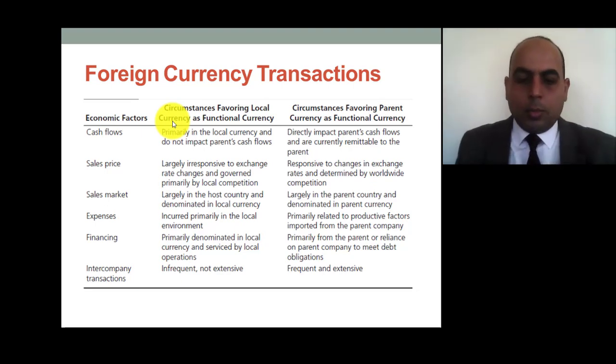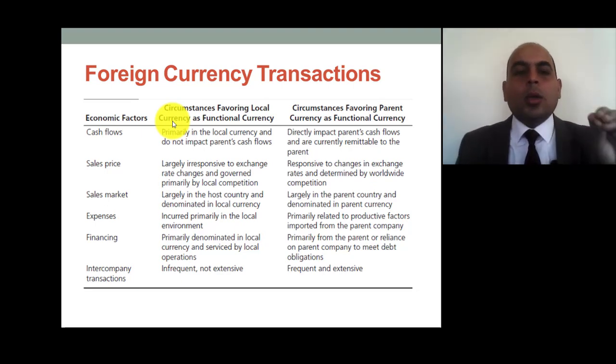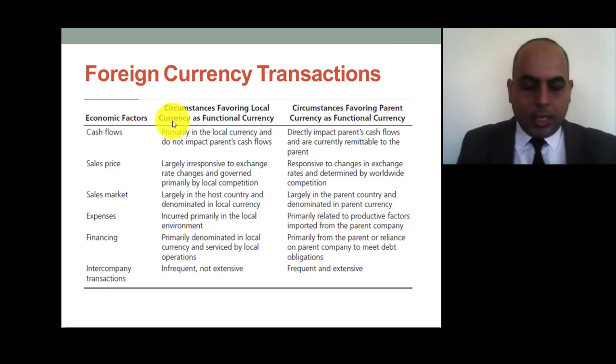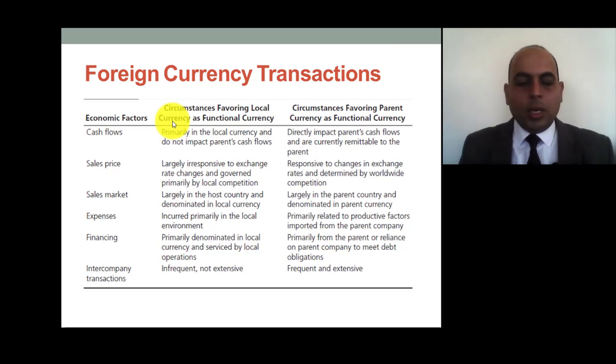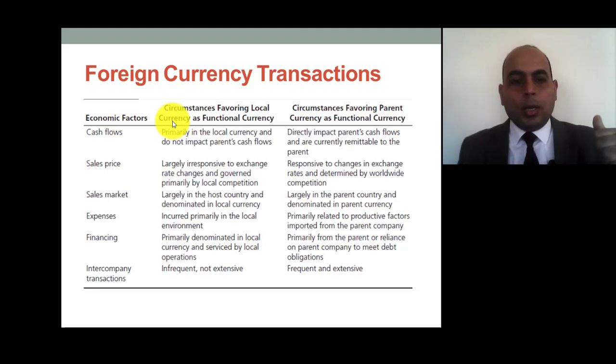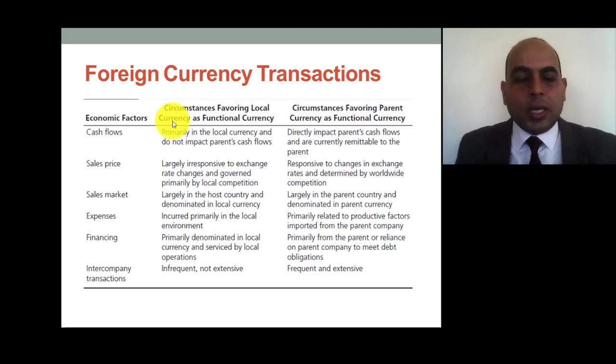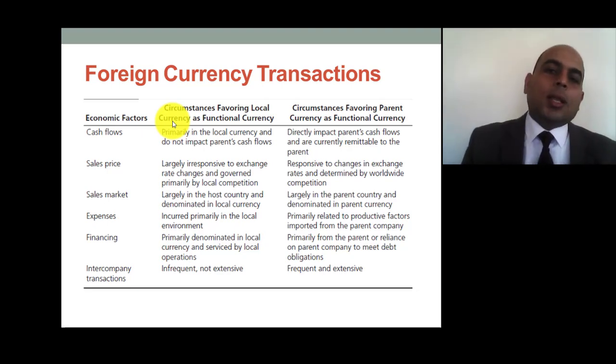So mostly, in a simple way, the local currency is the functional currency if we collect cash in the local currency, or expenses are primarily in the local currency, we collect or pay in the local currency, or where the sales price is irresponsive to exchange rate changes and governed primarily by local competition. Under these circumstances, we are in favor to choose local currency as functional currency.